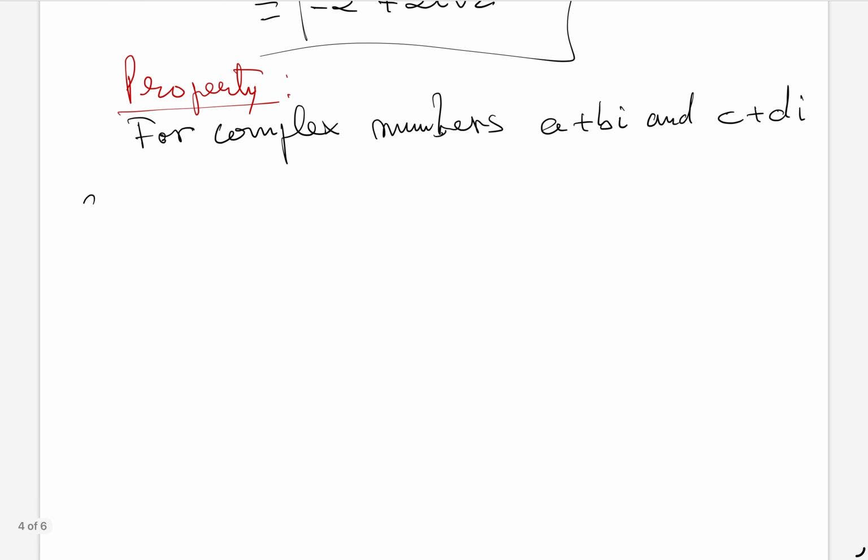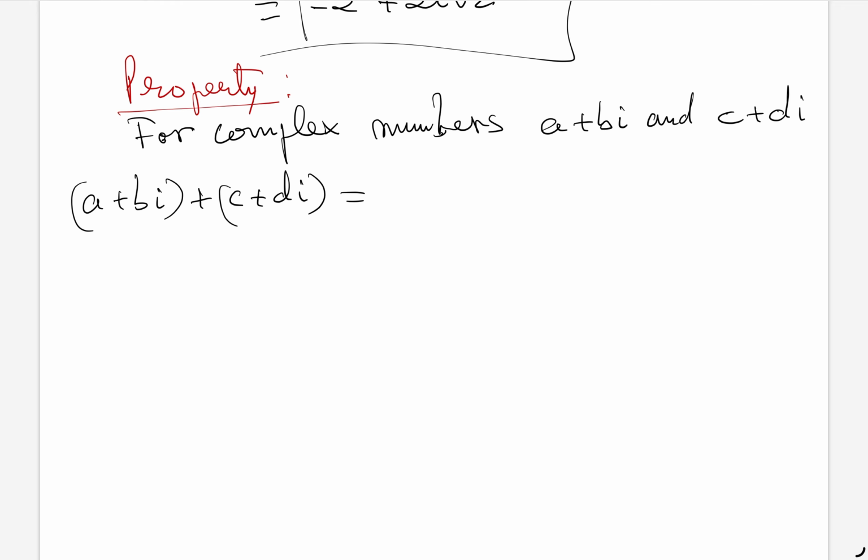So if you have a plus bi, parenthesis, plus c plus di, it is equal to, first of all, you have to combine the real part and the imaginary part. You know, the imaginary part always has i.